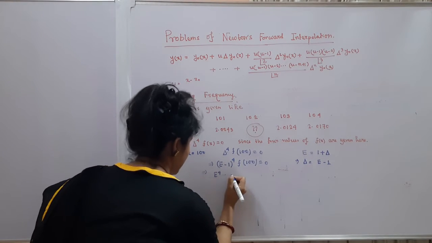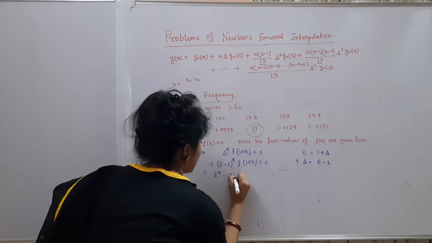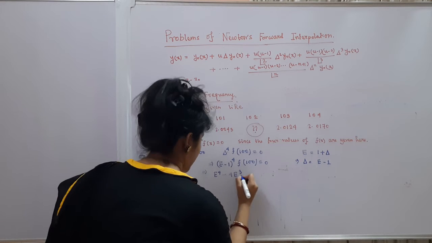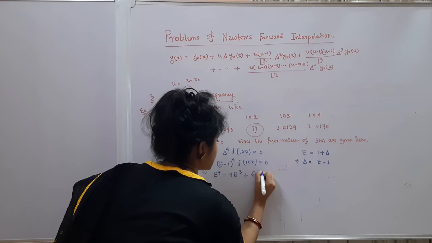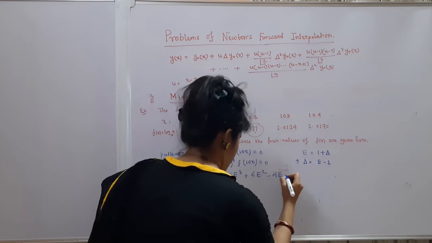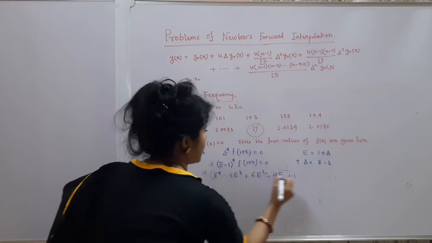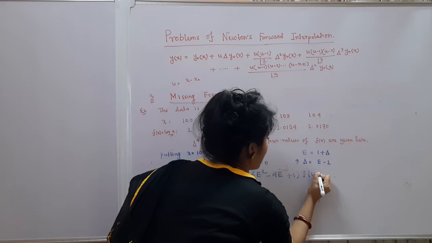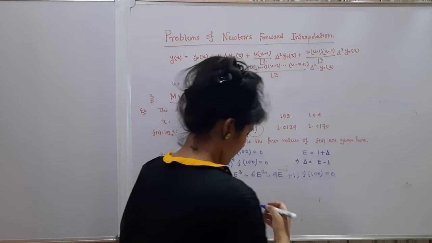So you can write it as E to the power 4 minus 4E cube plus 6E square minus 4E plus 1 of f of 100 equals 0.